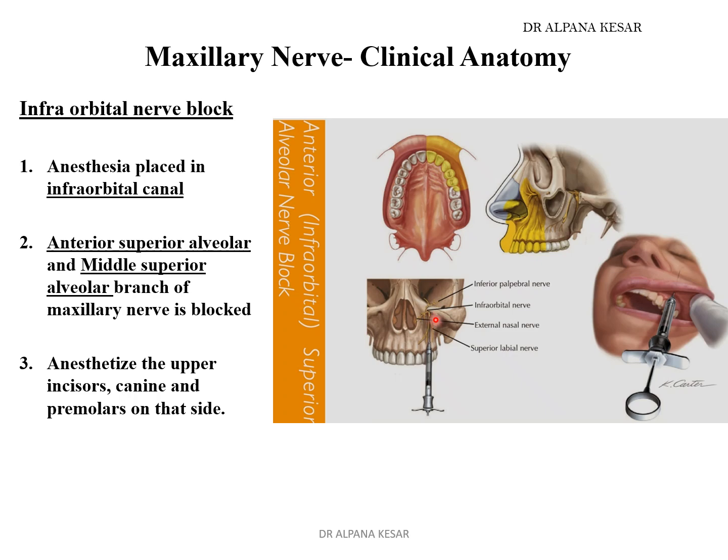Anesthesia is deposited in the infraorbital canal that will anesthetize the anterior superior alveolar and middle superior alveolar nerves. This will help to anesthetize the maxillary anteriors so that painless surgical procedures can be performed on them.